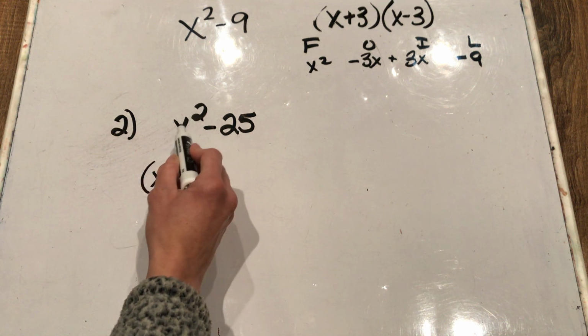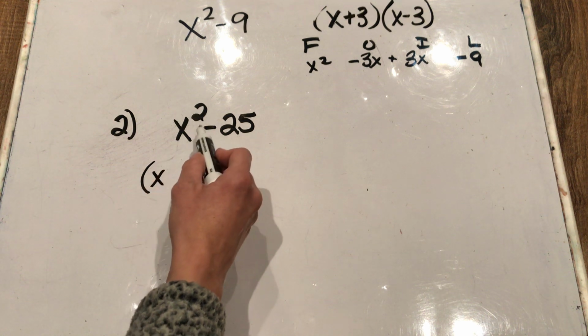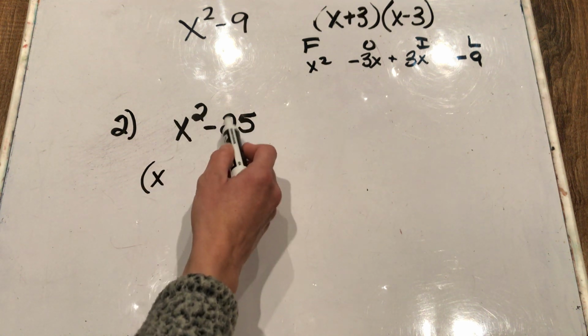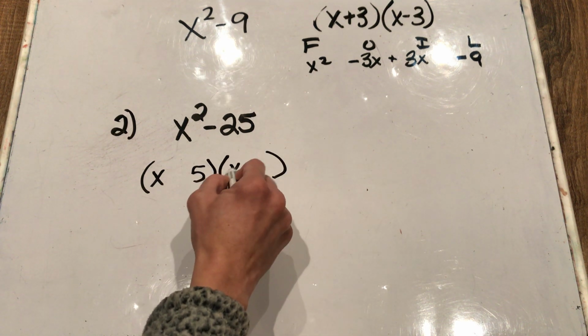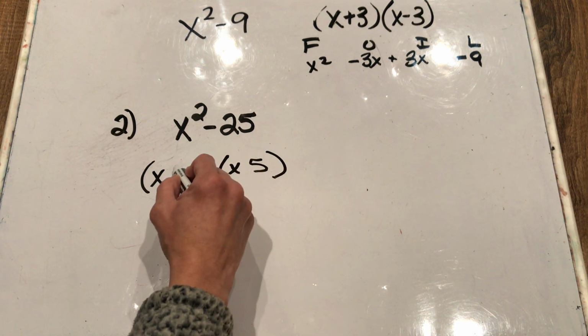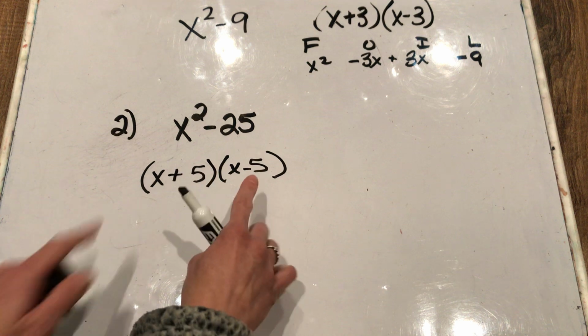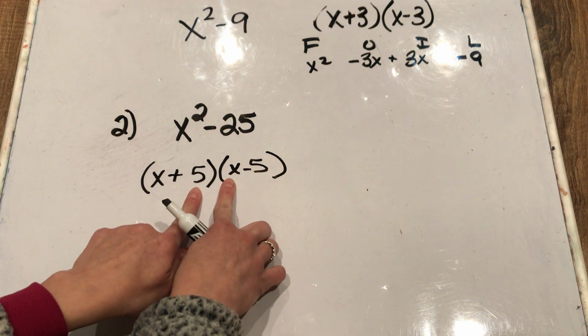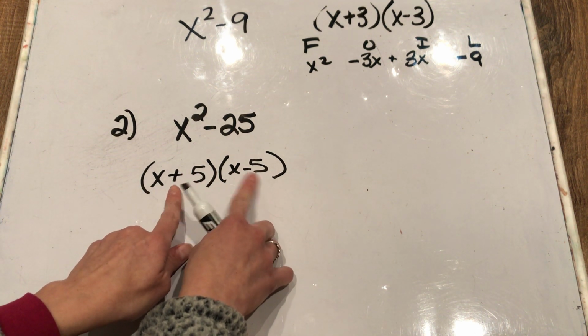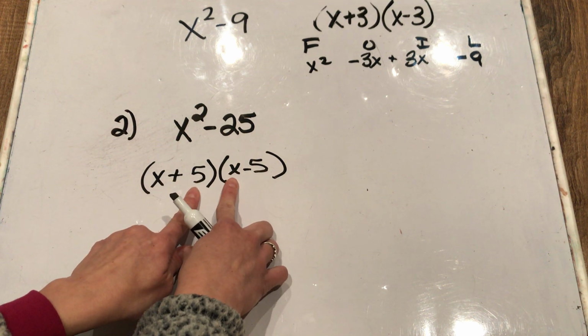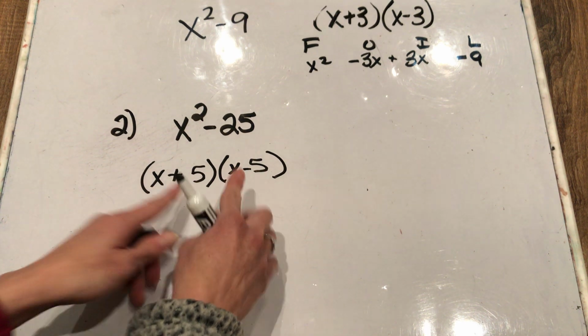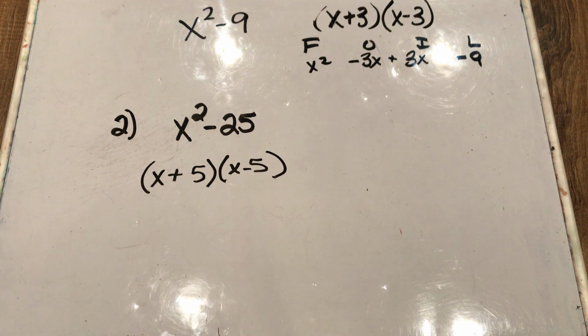So I just take the square root of x squared, and I take the square root of 25, and then one of them will be plus and one of them will be minus. The reason is that when it's the same numbers, but one is minus and one is plus, the outside and the inside terms will end up being a positive and a negative, and they will cancel out or add up to 0.